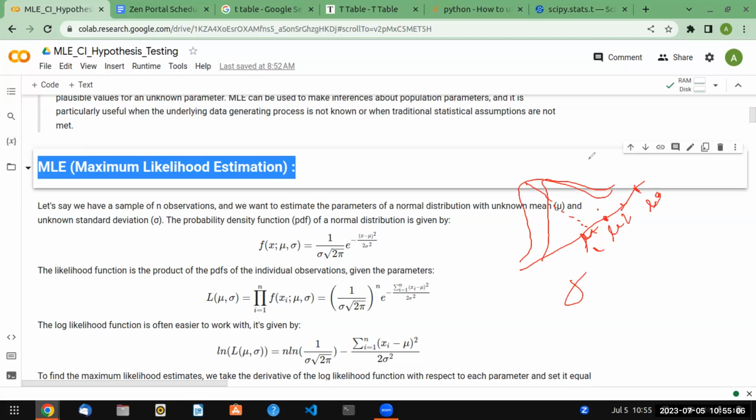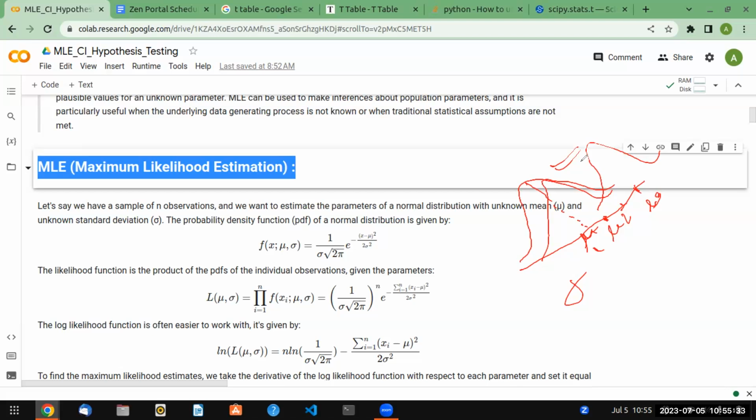Taking different mu, I am drawing different distributions. Now which distribution gives me the one I want, or for which value of mu will my likelihood or the probability be maximum? How to know that?